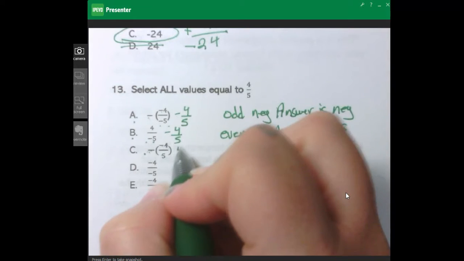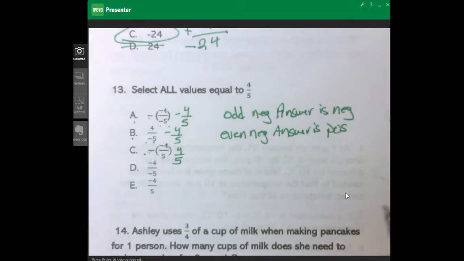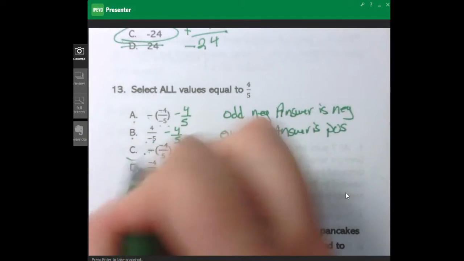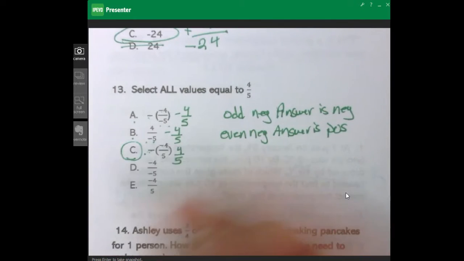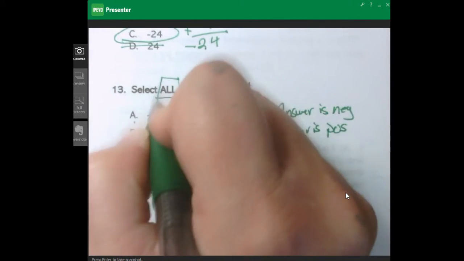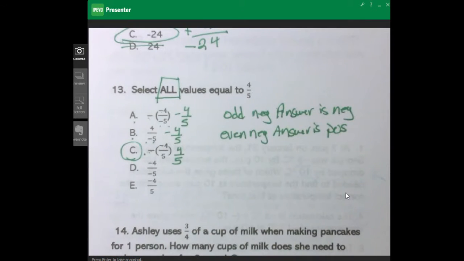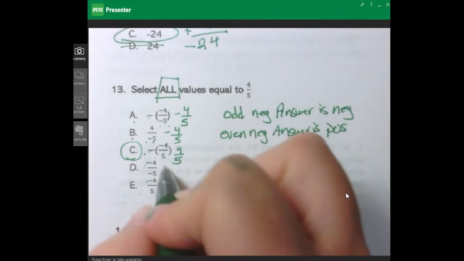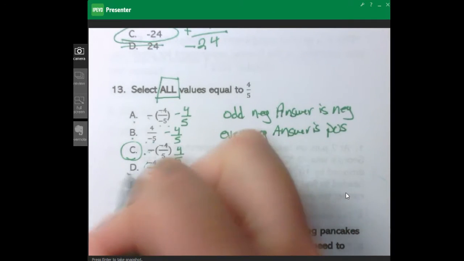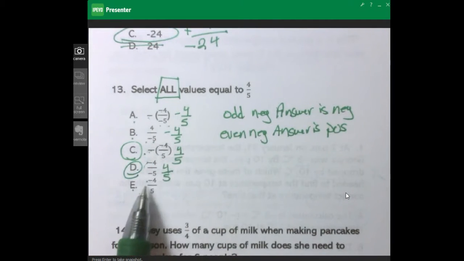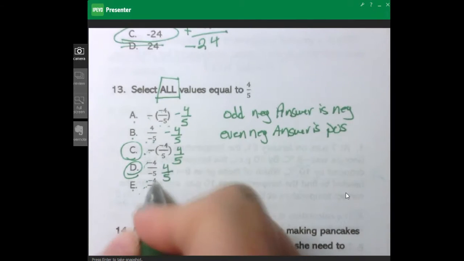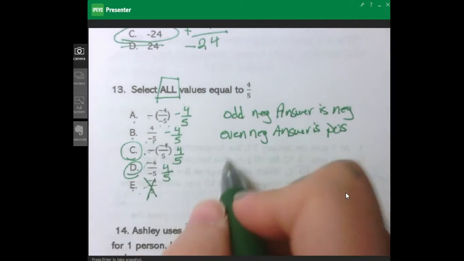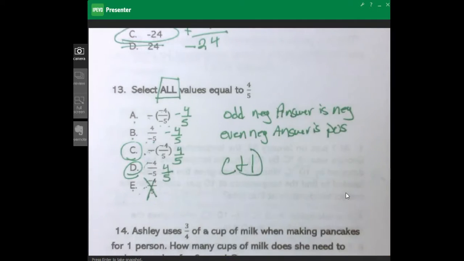So here we have 4/5. Now it's tempting to stop right there and say, oh, C is the correct answer. But notice it says select all values. So let's check the rest of them. So I have 2 negatives. So that's a positive 4/5. And E, just one of those is a negative. So this one is not. So here we have C and D.